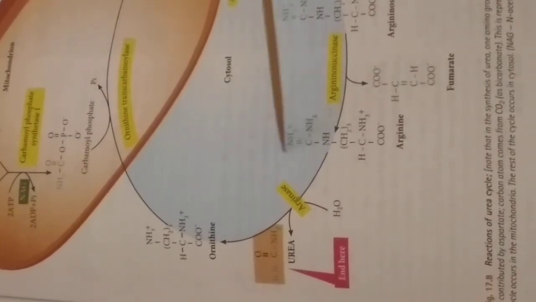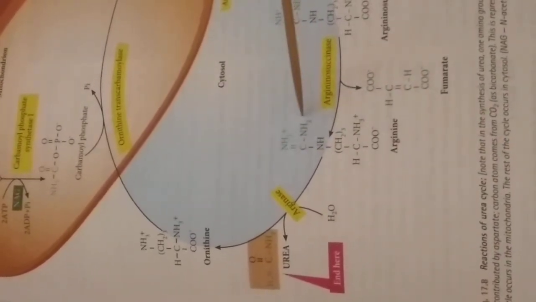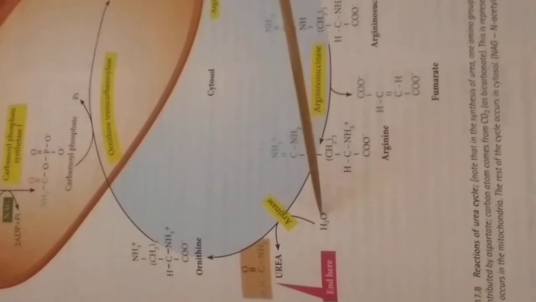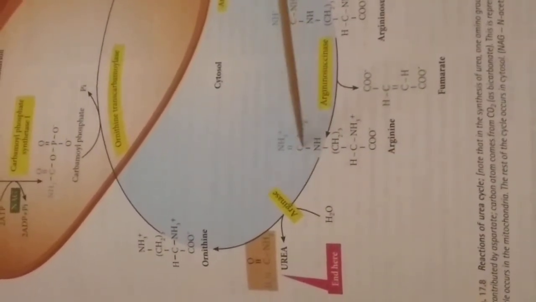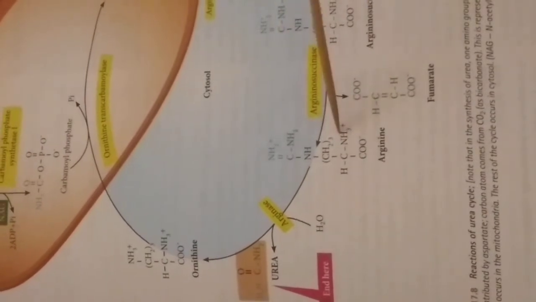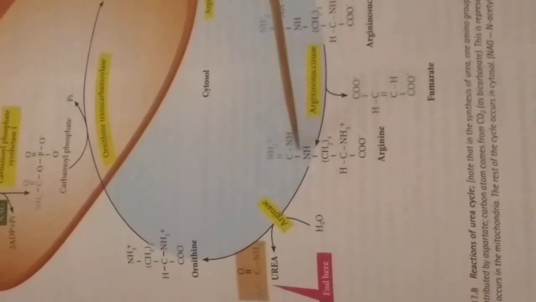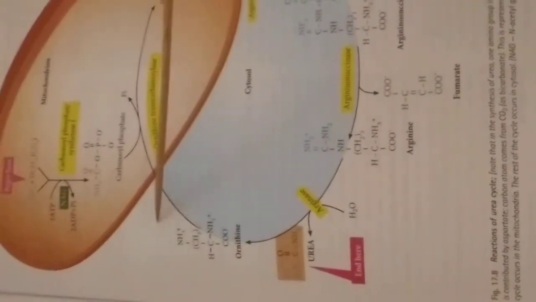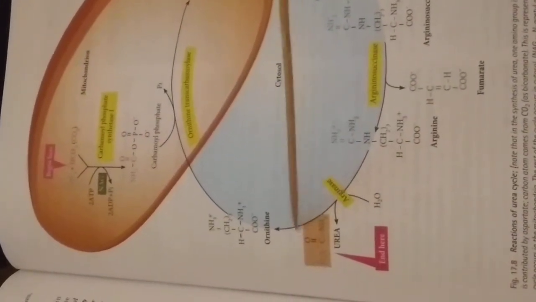This is the urea part, and using water there is a hydrolysis step taking place. It cleaves the urea and the remaining part. What is the remaining part? This remaining part is ornithine. So ornithine is formed back to take part in this step. So this is our end product.